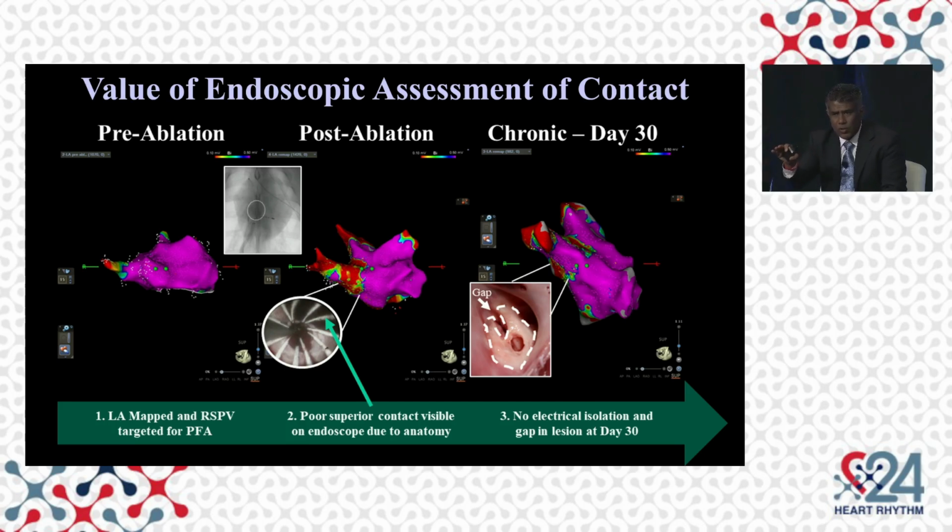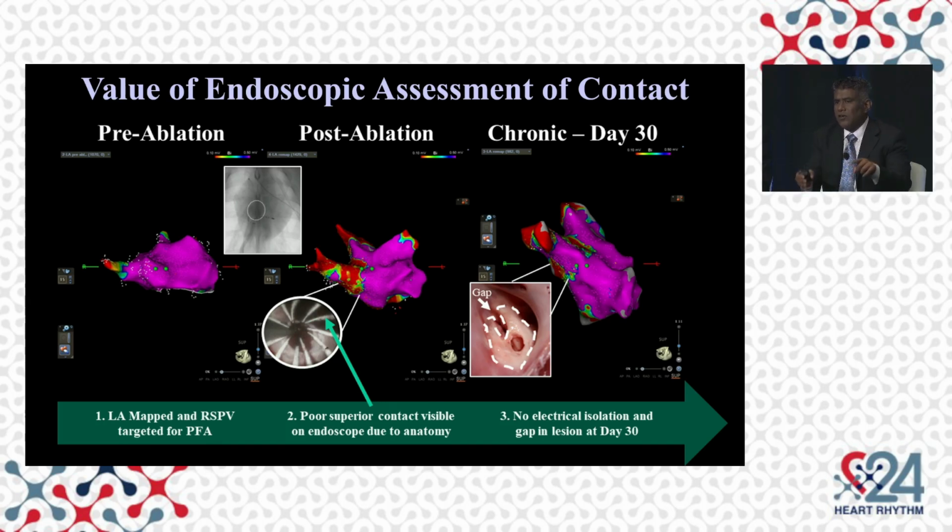Despite that poor contact with PFA, as we've learned, you get isolation. We bring the animal back in 30 days, remap, it's wide open on the roof, and when you look at that macroscopic picture that I've outlined with the dotted lines, you see a big gap on the roof of the RSPV. This is why appreciating contact is going to be important.